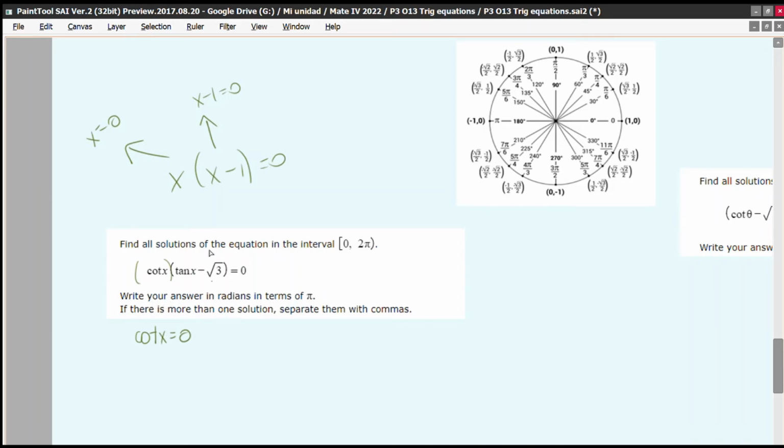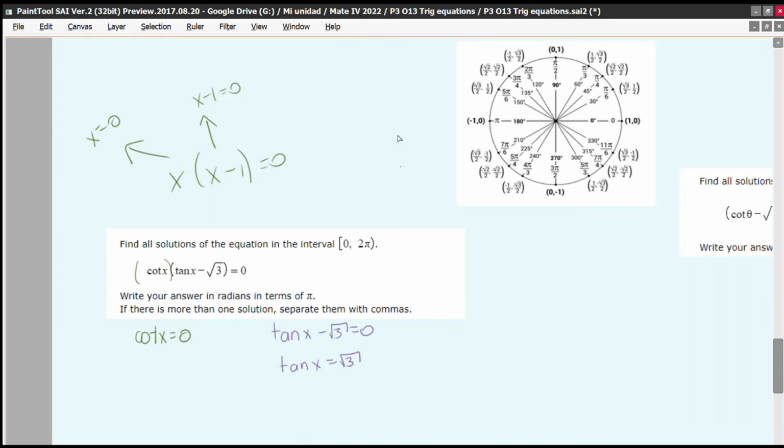And the other factor is tangent of x minus the square root of 3 equals 0. I'm going to start with this one. It doesn't matter with which one you start, okay? So if I solve for tangent of x, this is the square root of 3. And you're going to say, Andrea, what the hell? And I'm going to tell you, don't despair.